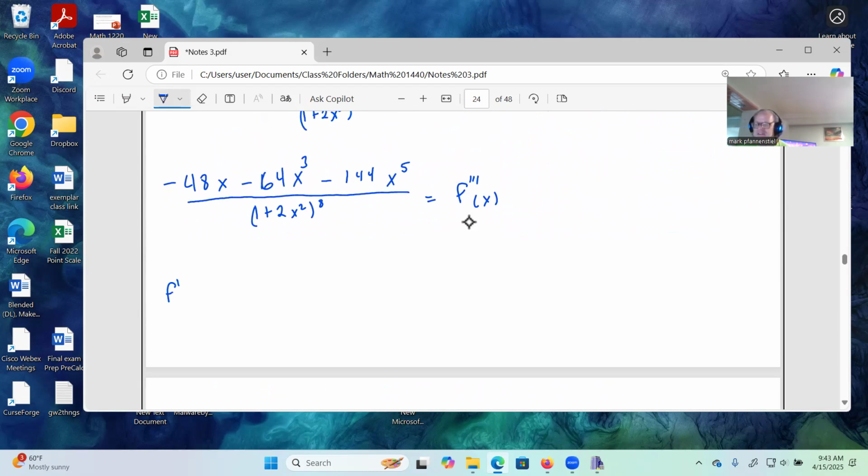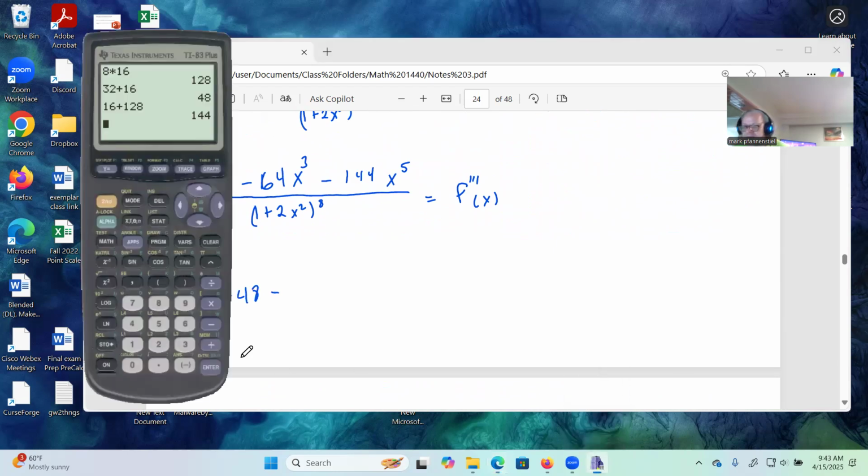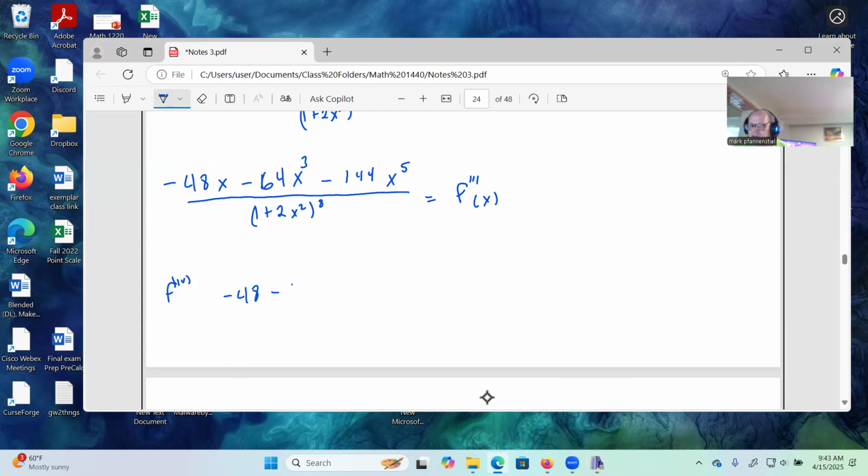Okay. F4. Okay. So again, we're going to say the derivative of the top. So we have minus 48, 3 times 64. Okay. 3 times 64. It should be like 192. There we go. 192. Okay. Minus 192x squared. That's taking the derivative of this term here. 144 times 5.